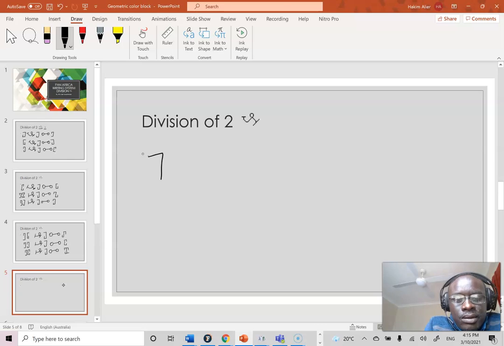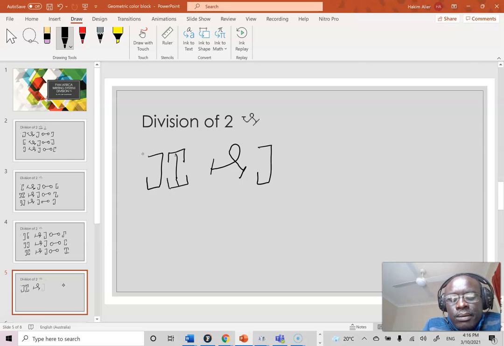So 2 is this way, like that, and you're going to write 0 to make it 20. So that is 20, and we are going to divide this by 2, that way, like that. And then we're going to write 2 this way, like this.